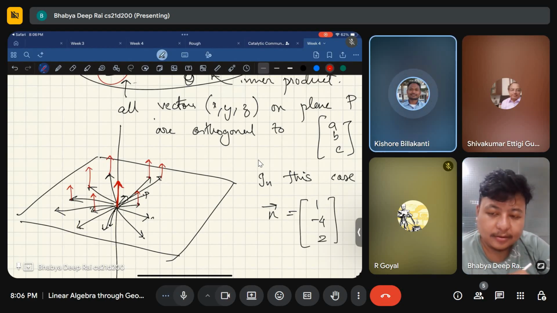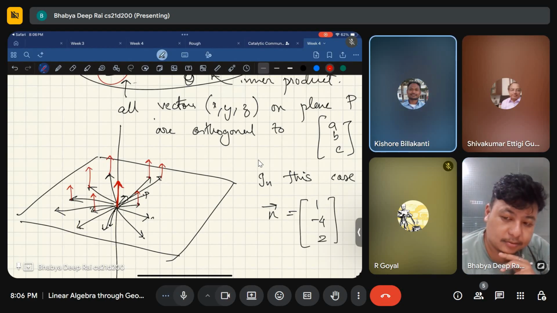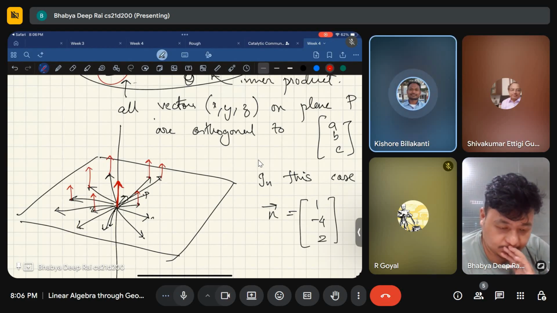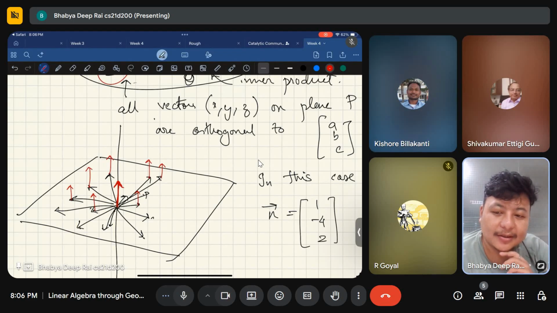So can I say, just for my understanding, irrespective of the direction of the vector, and in which plane the vector has its location, the normal vector will be on the other plane, right? On the direction of the other plane. What do you mean by other plane?